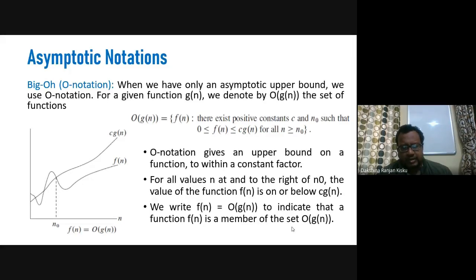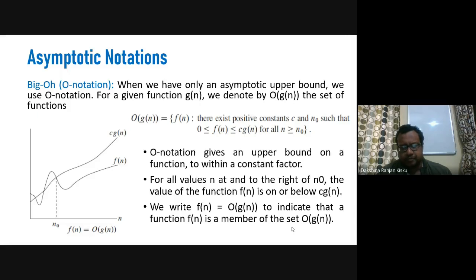After n0, c·g(n) is found to be greater than f(n), or in other words, f(n) is bounded by the function c·g(n).